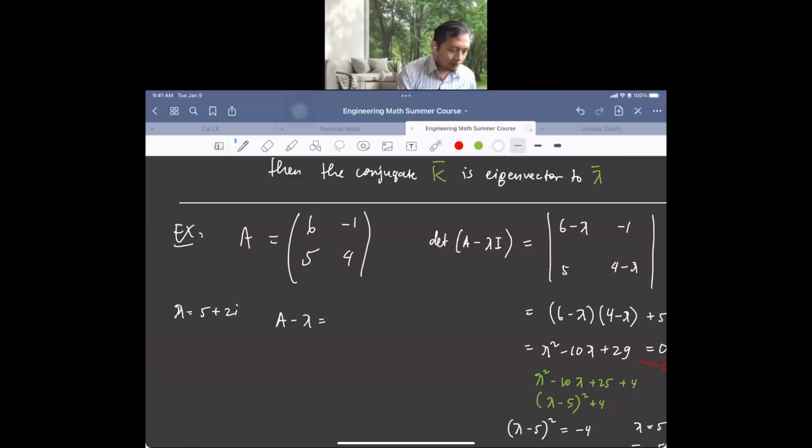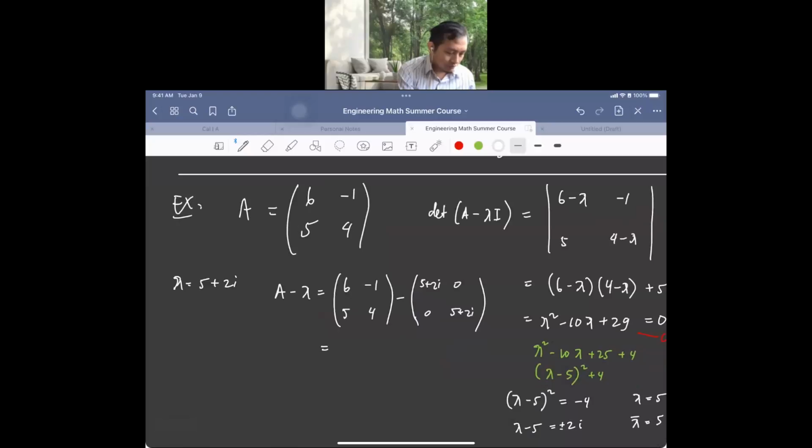So A minus lambda I is 6, 5, -1, 4 minus 5 plus 2i. Six minus 5 is 1 minus 2i, right? This is negative 1, 5, and 4 minus 5 is negative 1, negative 2i.